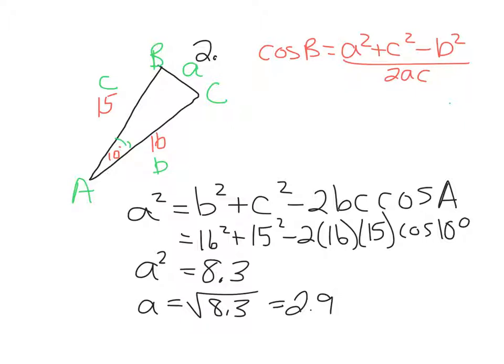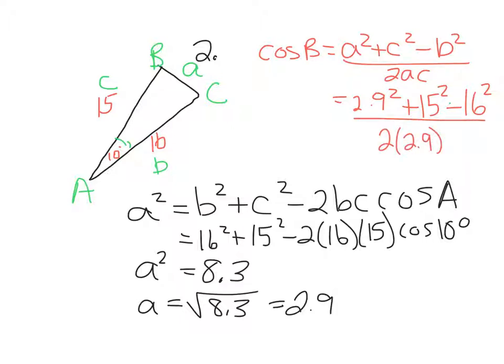Okay, back on track. So if we sub in A, C, and B into our formula, A was 2.9 squared plus 15 squared minus 16 squared, and the whole thing is divided by 2 times 2.9 times 15.